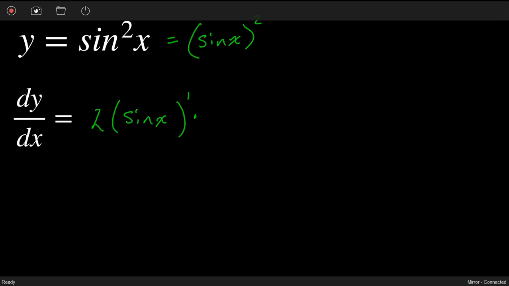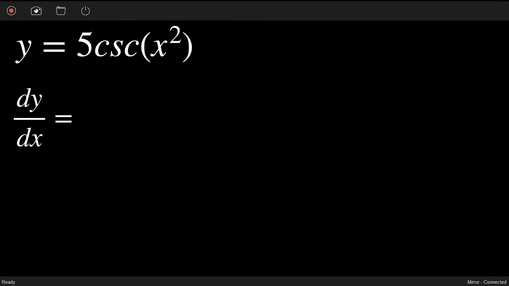Then you have to multiply by the derivative of the inside part, which would be times cosine x. So your cleaned up version would be 2 sine x cosine x for your answer. You always need to remember to multiply by your chain rule, the derivative of the inside part. And pretty much anytime you've got this exponent here and you're taking a derivative of a trig function that's raised to a power, you need to apply that power rule along with chain rule on that.